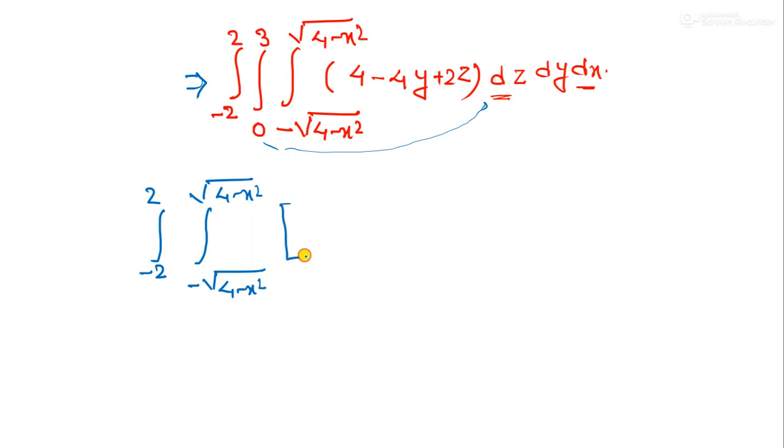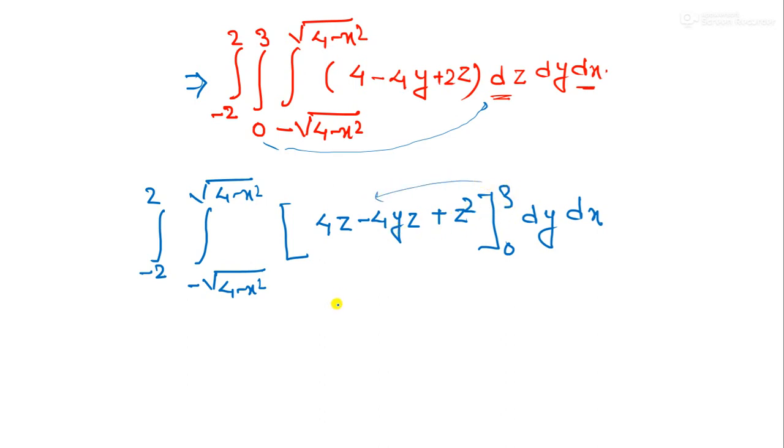At z, this equation turns into 4z minus 4yz plus 2z square by 2, that is z square, from limit 0 to 3, dy dx. Putting in the upper limit minus the lower limit, you will get 12 minus 12y plus 9, dy dx with the same limit.